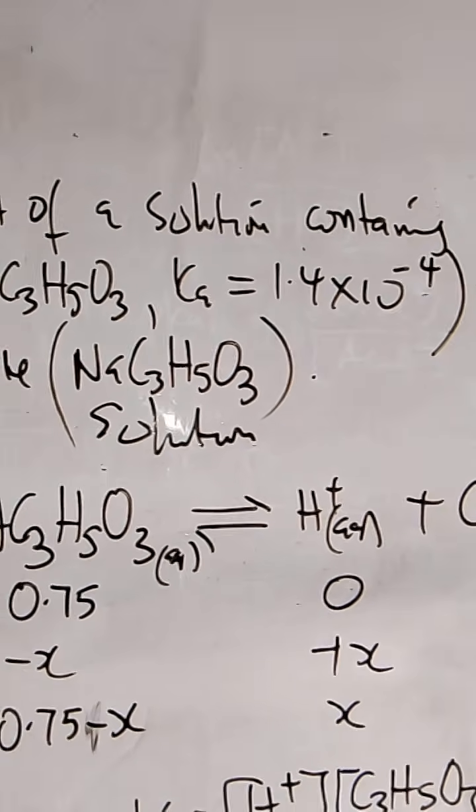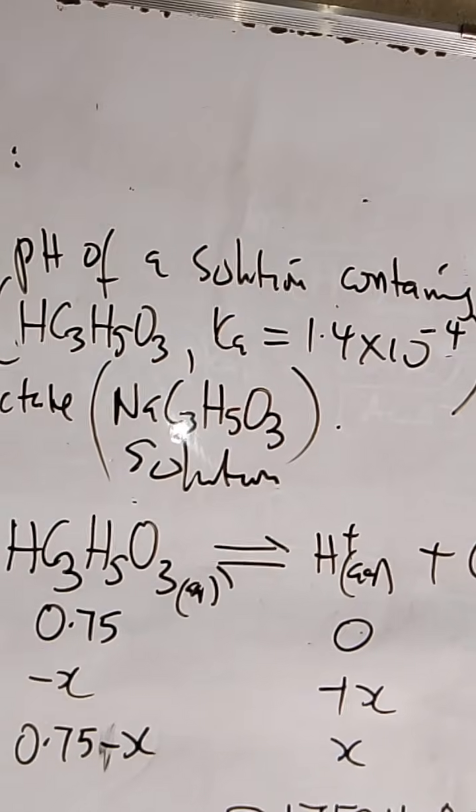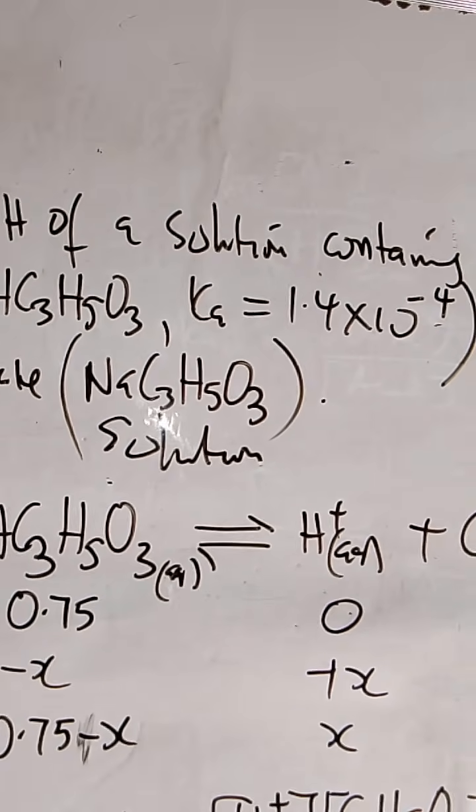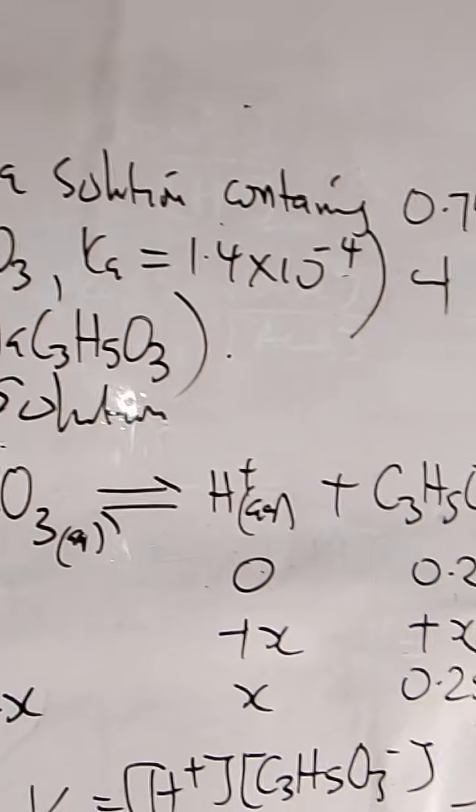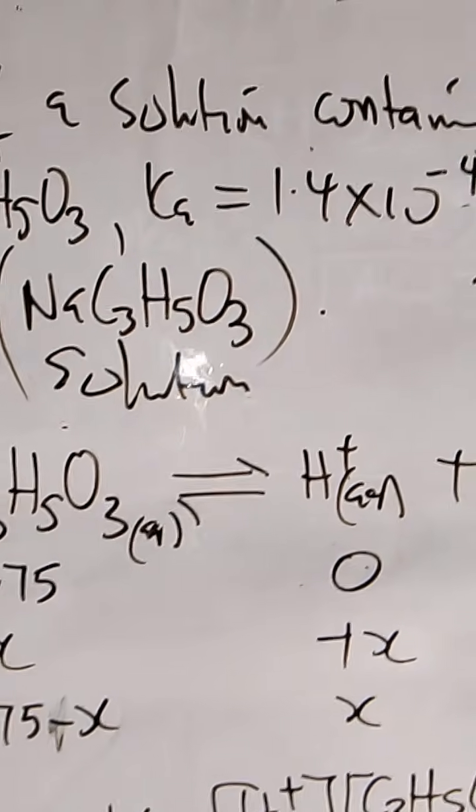The ones that we have looked at are for a weak acid and its salt. So in the next lecture we shall look at a weak base and its salt.